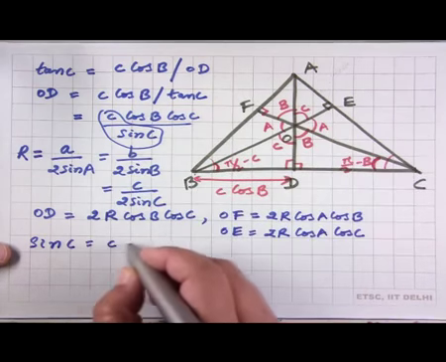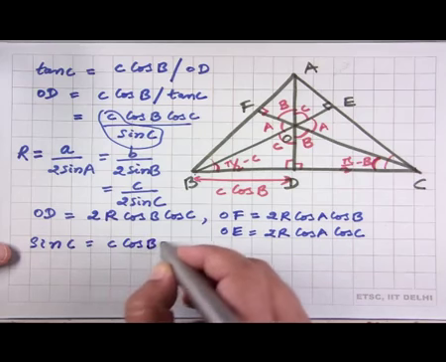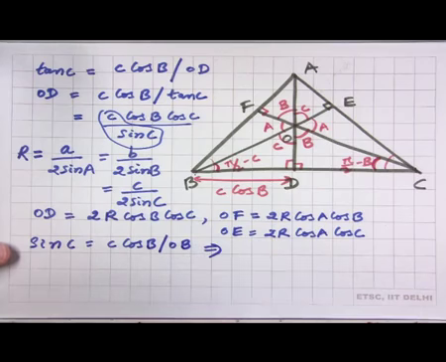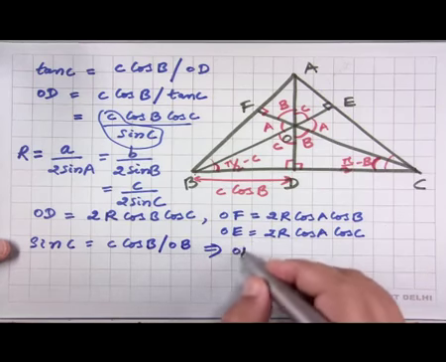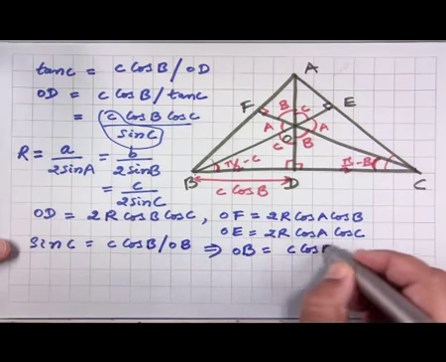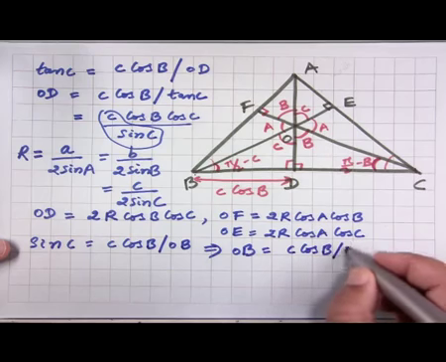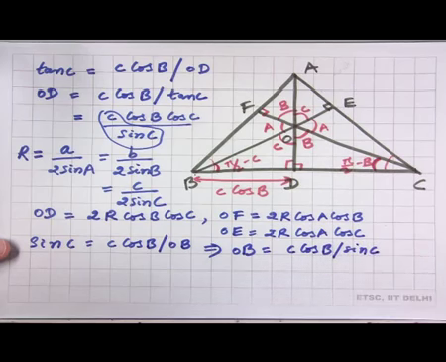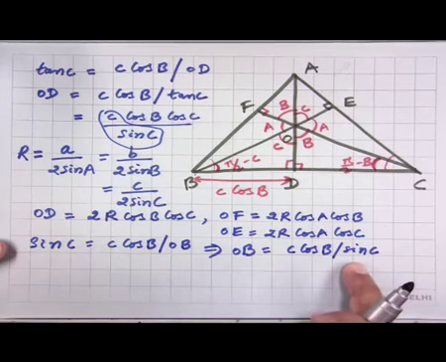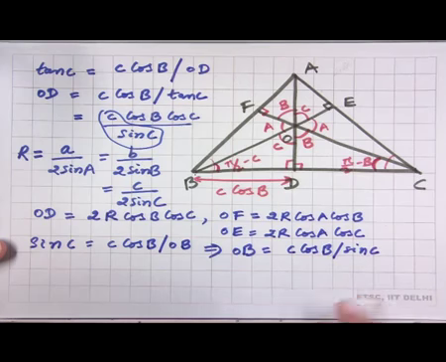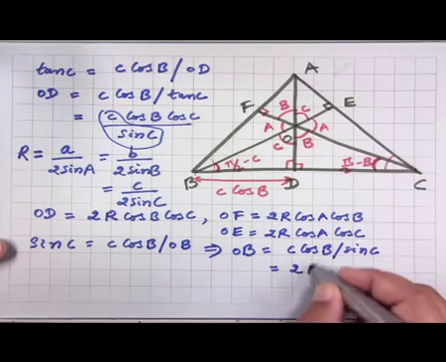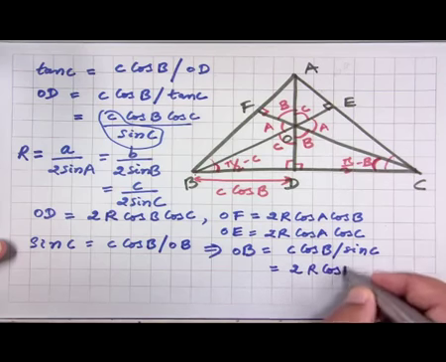So, that is c cos B divided by OB, and that implies that OB is equal to c cos B by sine of C. But from this relation here, we know that c by sine C is already equal to 2R, and therefore, this is equal to 2R into cos of B.